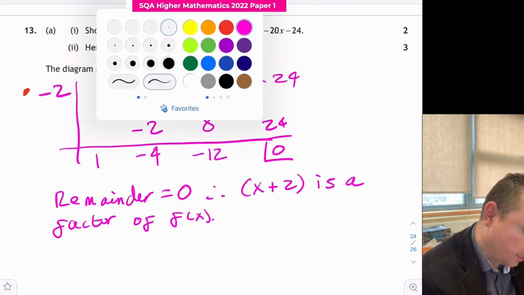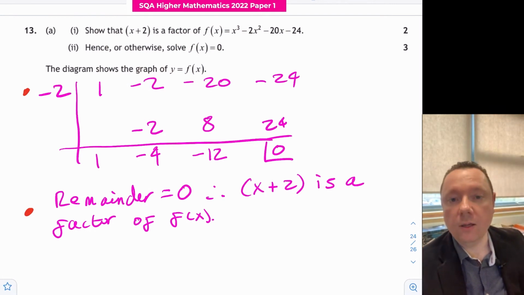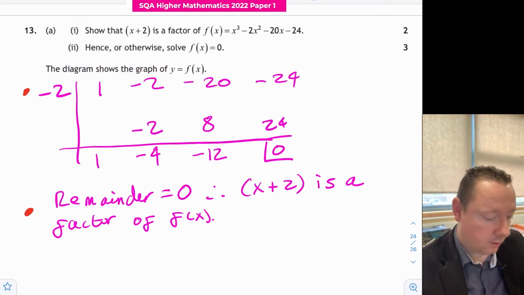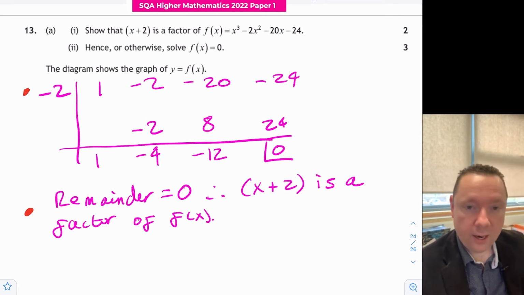And that gives us our second mark for completing the division and also making our statement. If you had done it the other way by substituting minus 2 directly, then you would still get an answer of 0, but you would say that since f of minus 2 equals 0, x plus 2 is a factor. So it's the same way.